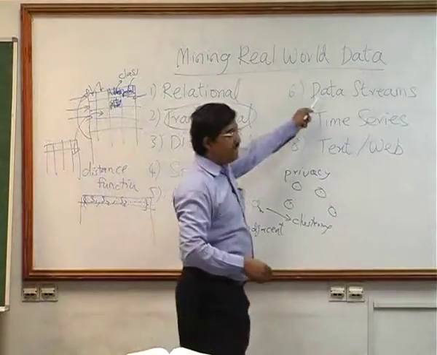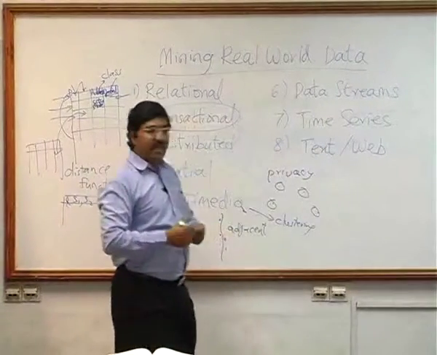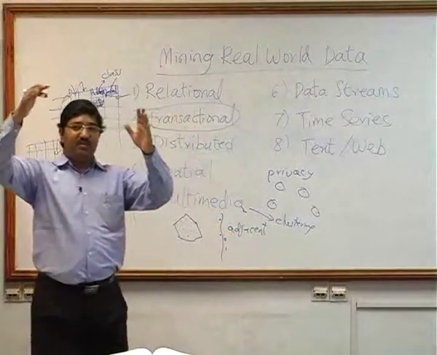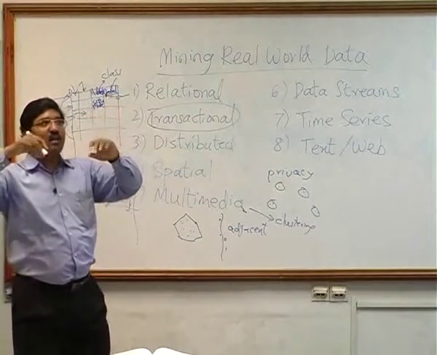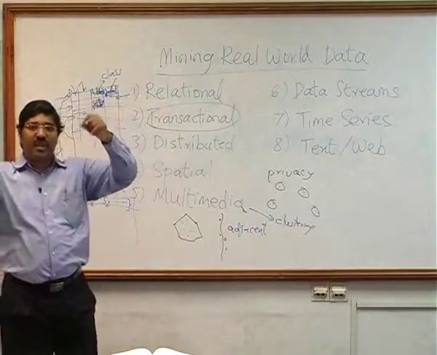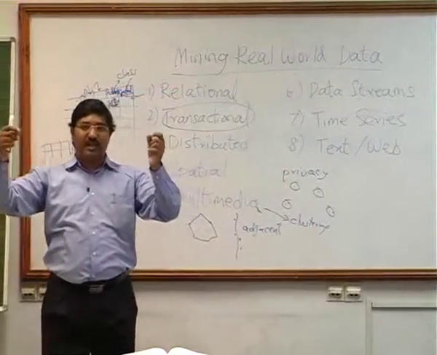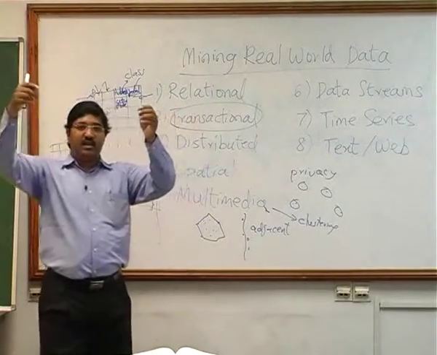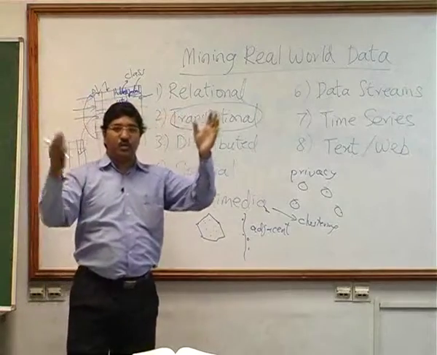Then you have data streams. Data streams are a kind of data set which can be very huge. It might not be huge in the beginning, but the data comes in very fast. For example, stock market data: each record comes one after the other very quickly.